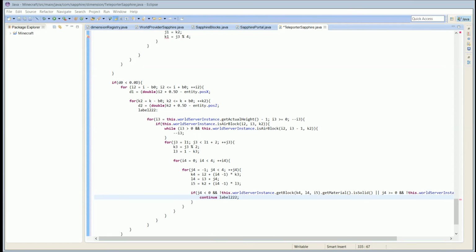So, if we go 3 out here, we have to say that D3 is a double of I3 plus 0.5D minus the entity's y position.